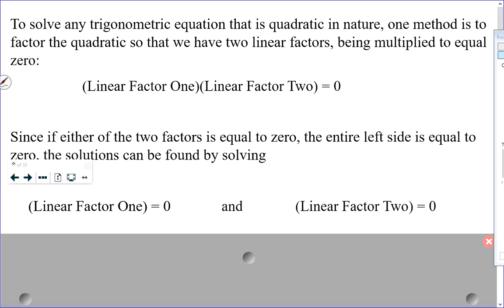If you set the other factor equal to 0, you'll get an equation. I want to point out to you, the equations we're going to get are the ones we were solving yesterday. So we're going to be taking quadratic trigonometric equations and turning them into 2 linear trigonometric equations that we were able to solve yesterday.